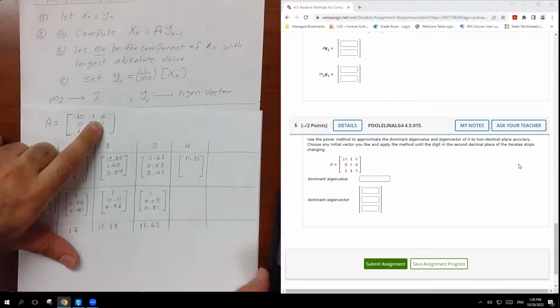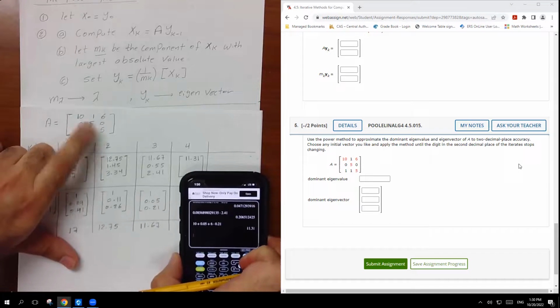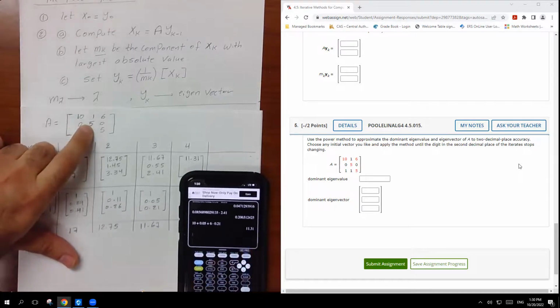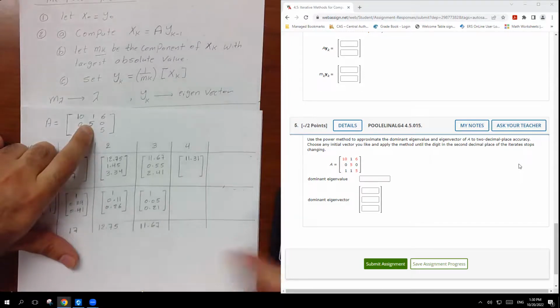And the next one, because these are zeros, is 5 times 0.05, which is 0.25.